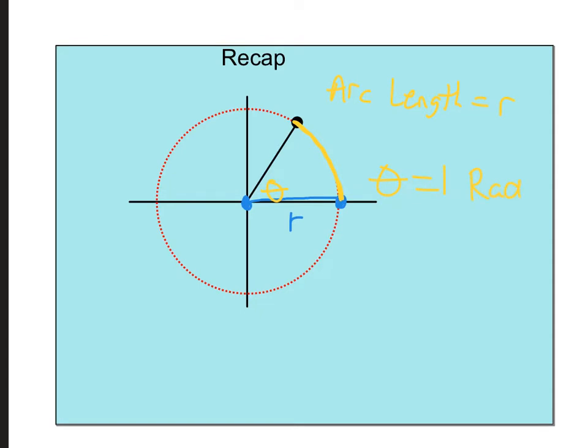It's around 57 degrees, so it is obviously much larger than 1 degree, but it is, by definition, that angle formed when the arc length equals the radius. And that was covered in the previous video as well.